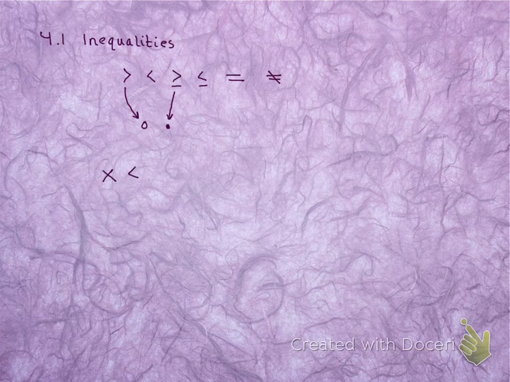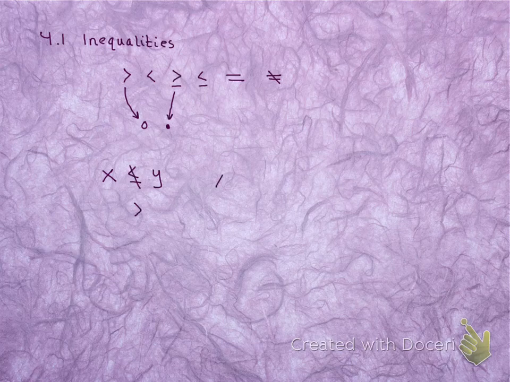X is not less than or equal to Y. So what we need to do is negate everything, okay? If it is not less than, it's greater than. And if X is not less than or equal to, it is simply greater than.